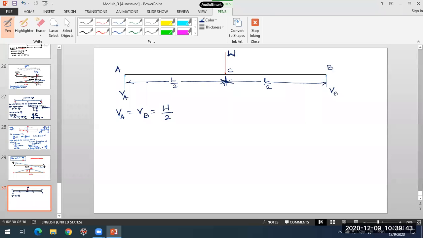For that, first you have to find out where the shear force comes out to be 0. And what is the equation for maximum bending moment in this case?